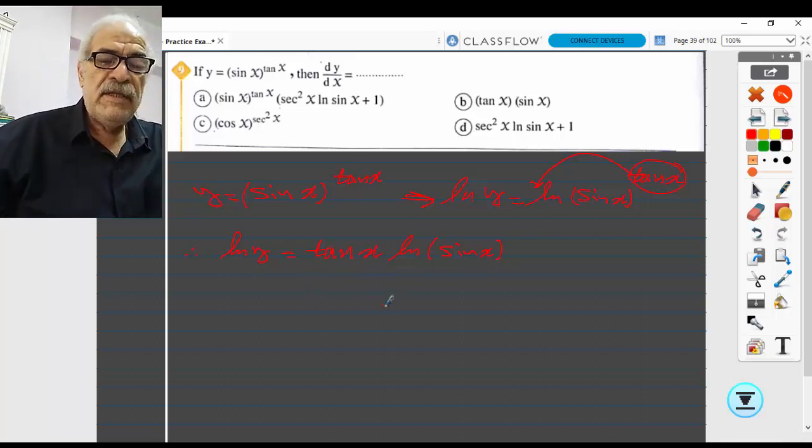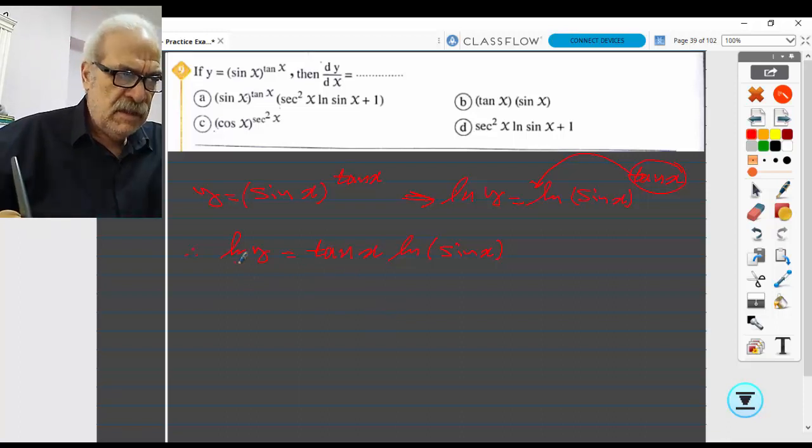Okay, now by taking the derivative to both sides, the derivative of ln y is 1 over y dot the derivative of y itself, so we have y dash. Again, the derivative of ln y equals 1 over y dot y dash, because we make a derivative here with respect to x.